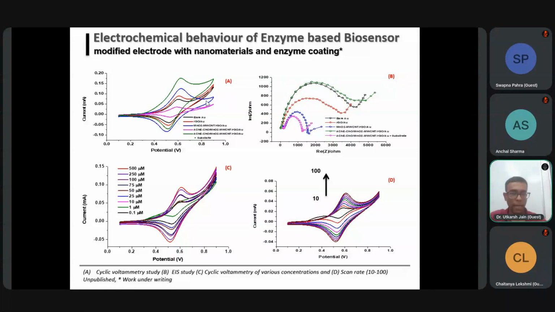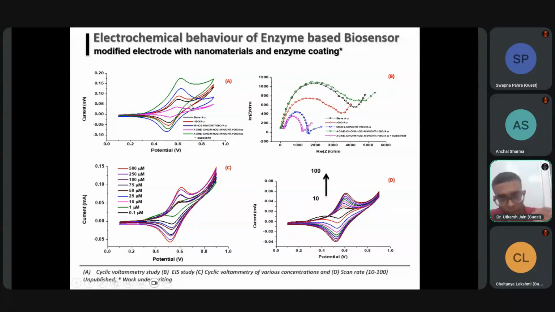Now, if you see this graph, the black one is the bare electrode, bare gold electrode, right? So the bare gold electrode is giving a certain current, in the form of milliampere, on the electrode surface.